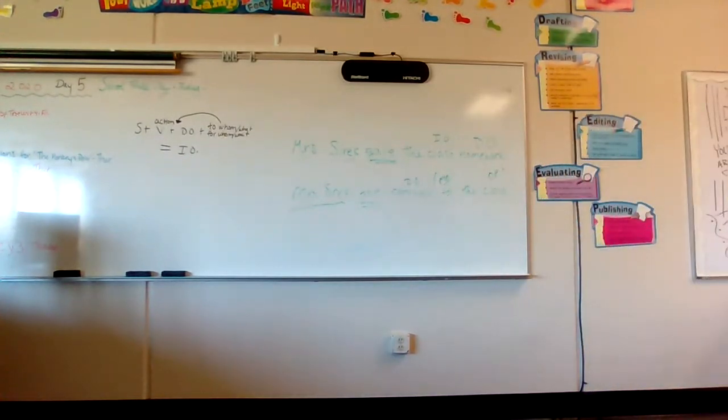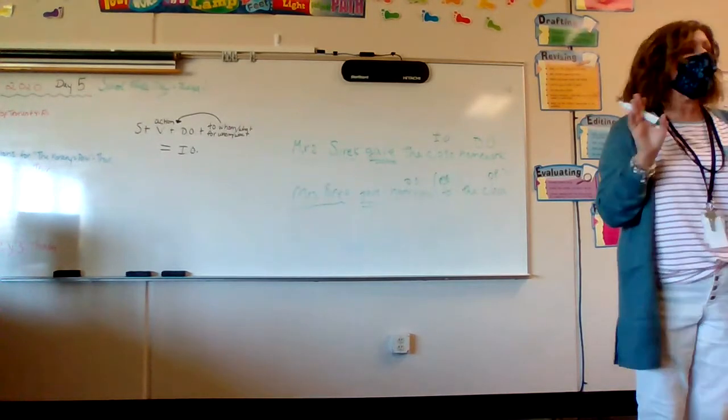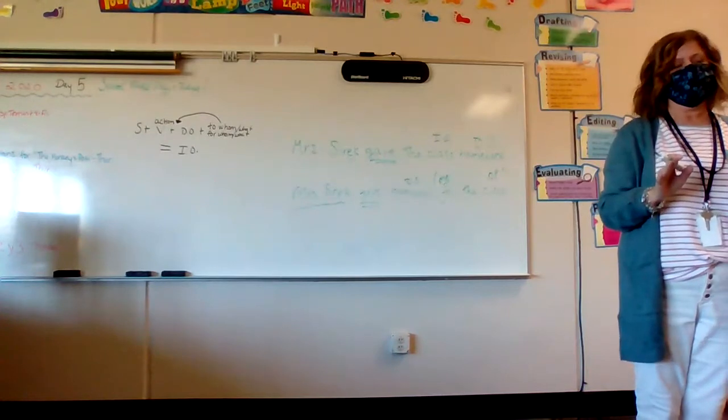What if there's two nouns? Do we do both of them, or do we do the first one? If I said, to the 7th graders and the 8th graders, then 7th graders and 8th graders would both be objects of prepositions. It would be a compound object of a preposition.